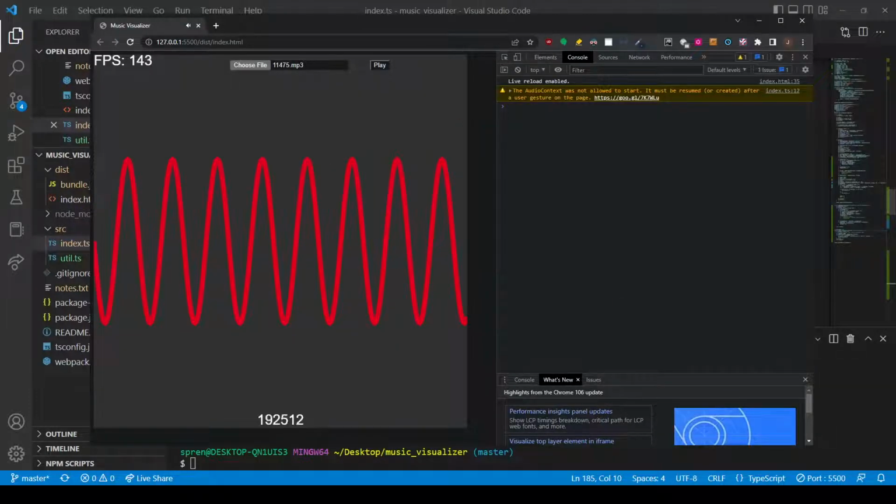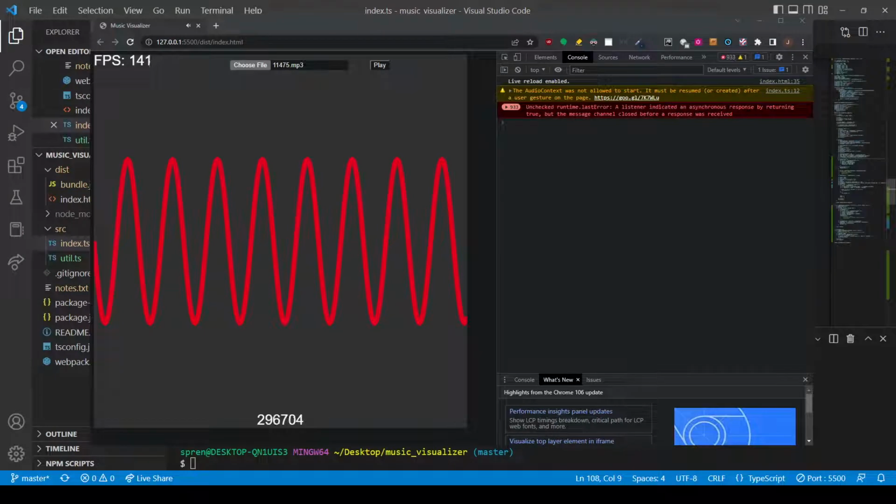This actually isn't what I want to see right now. I mean, actually... Okay, I could bring back in the changing frequency trick.